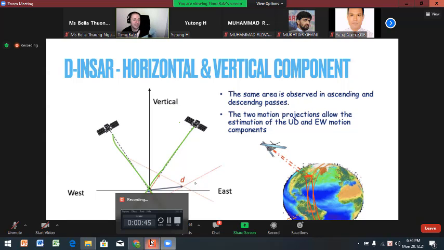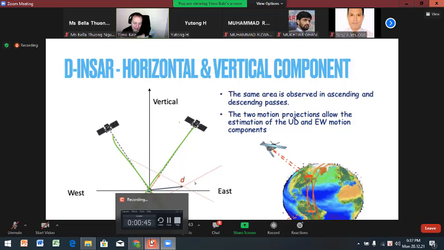Right. So if we have two measurements, what we then need to do is identify identical points. That's basically a challenging task because you're looking from two different directions. What we typically do is average over a similar area.